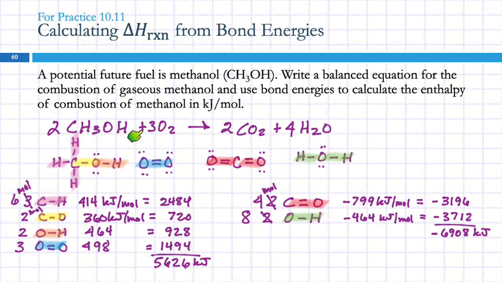When I break all the bonds in these guys, it's going to cost 5,626 kilojoules. When these bonds form, it's going to release 6908. So we're going to add those together. 5626 plus negative 6908, negative 1282 kilojoules.